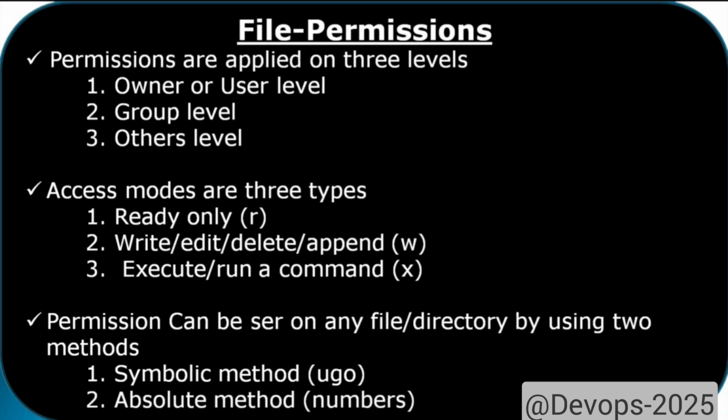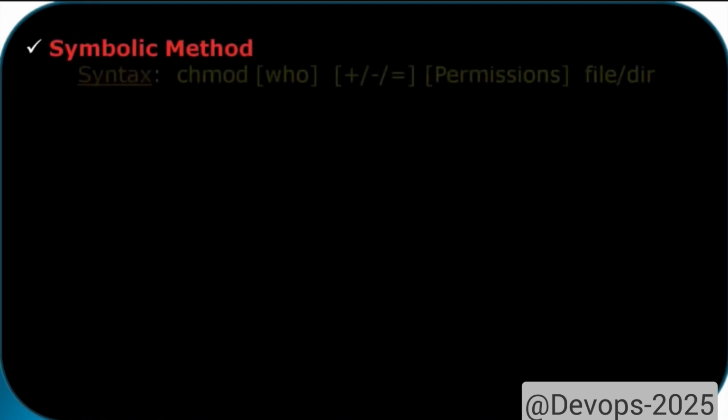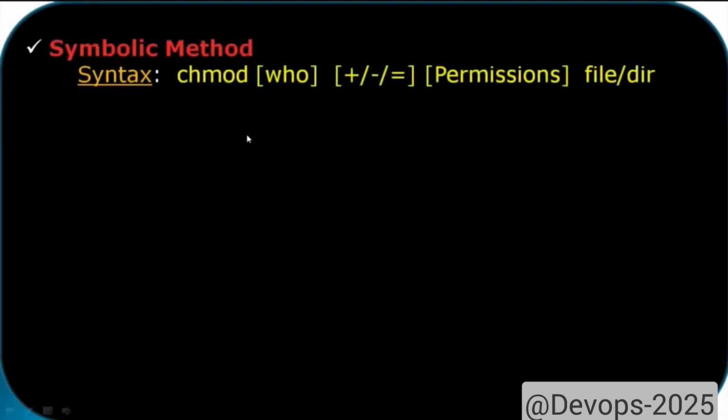Let's see how the symbolic method works and what symbols we can use. The syntax is chmod, then who, then plus, minus or equal to, then permissions and file or directory.